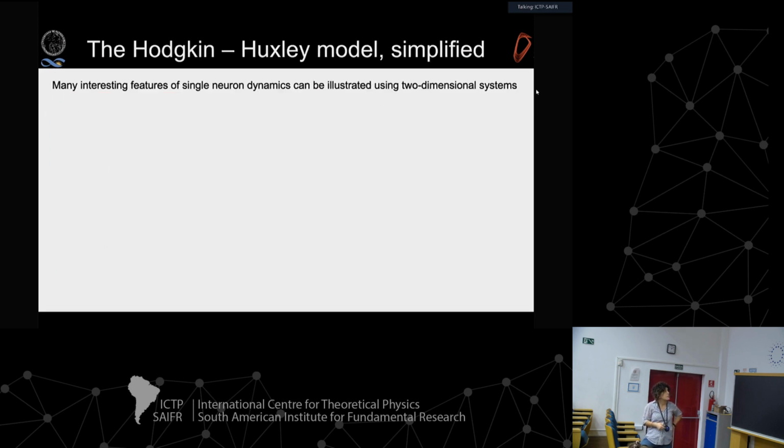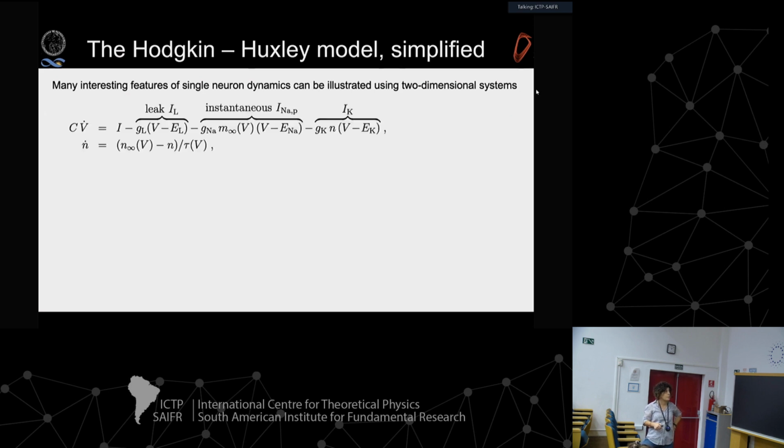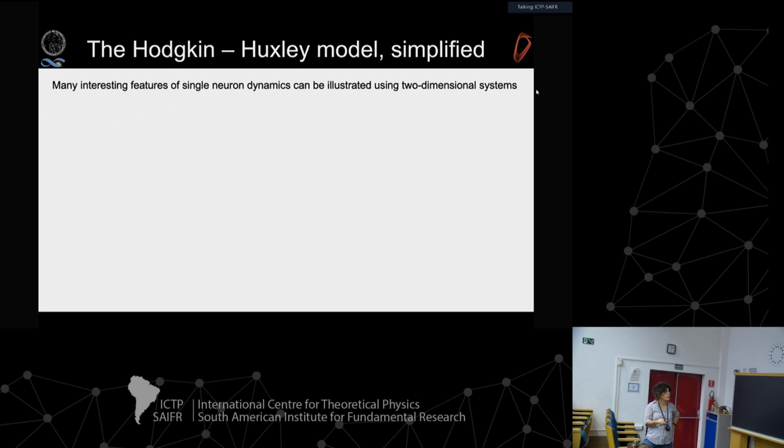Another approach is that you can go to lower dimensional systems. If you want to reproduce a spike, you can use 2-dimensional systems. The first step is to take the Hodgkin-Huxley model and remember the equations.